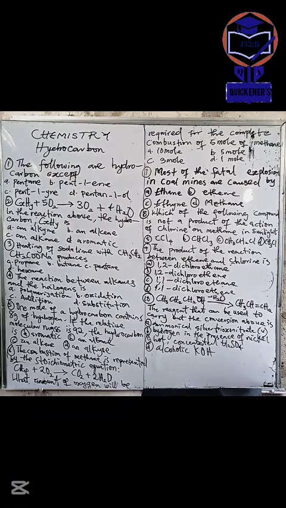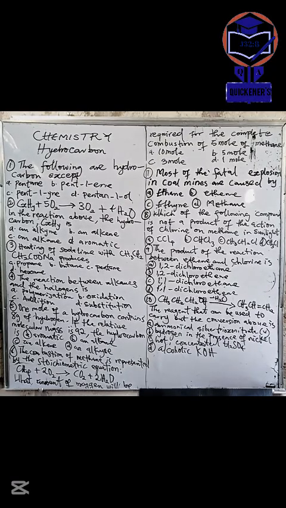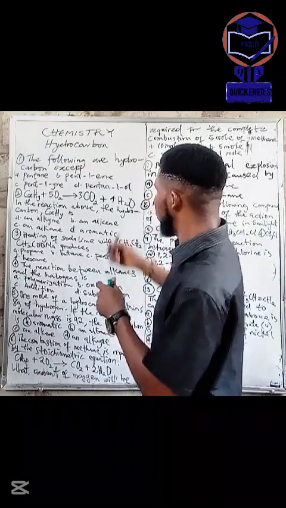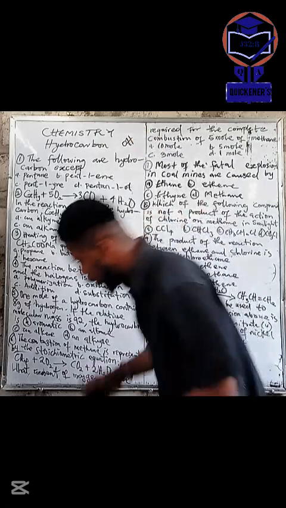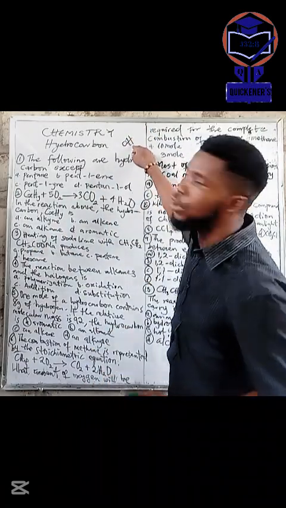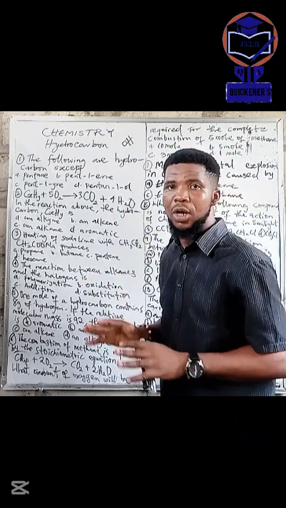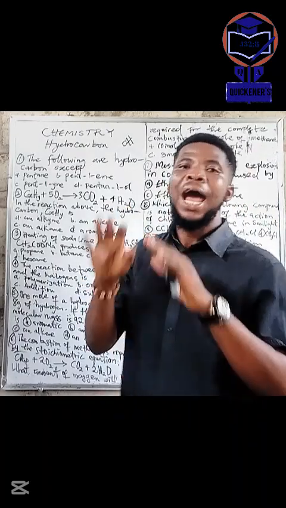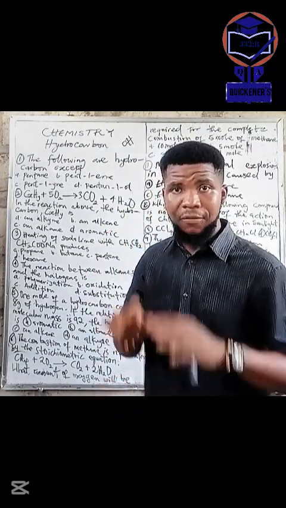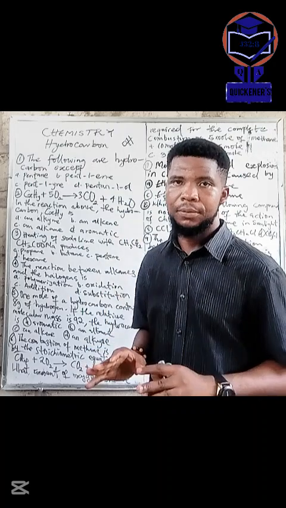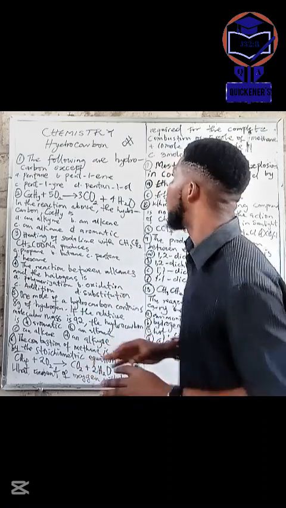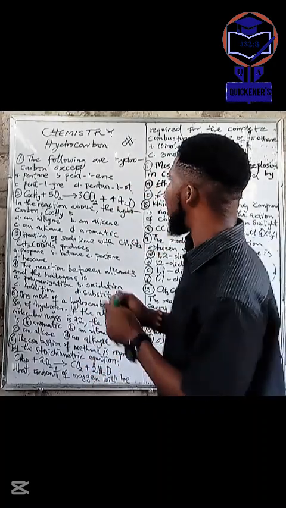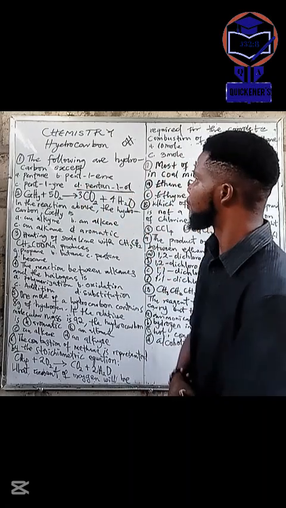Pentanol means that the functional group there is the hydroxyl group, that is OH. So OH is not a hydrocarbon. This is not a hydrocarbon compound because from the definition we said hydrocarbons are compounds of hydrogen and carbon. I hope you understand. So this is our answer here.